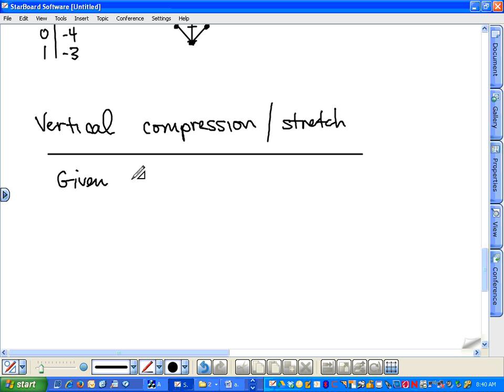Given y equals f of x, just some random equation, some random graph.